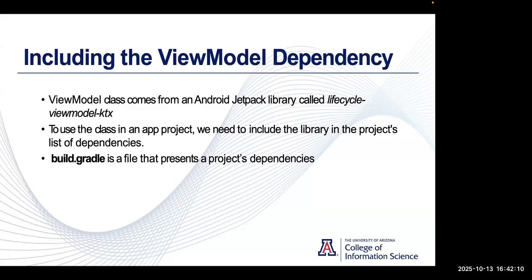In previous versions of Android, you had to go in there and do it manually. But it seems with the new updates, it updates on its own as long as you're creating the classes, in this case the view models, correctly. To use the class in the app project, we need to include the library in the project's list of dependencies, and this is in the build.gradle file, which represents the Gradle project's dependencies.